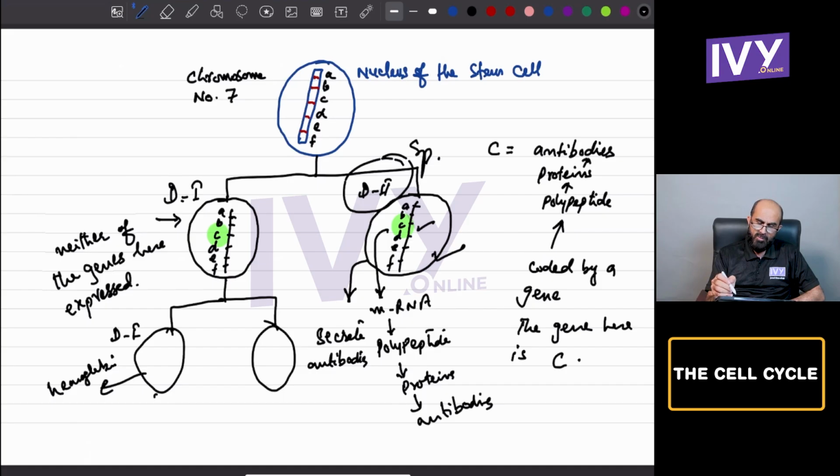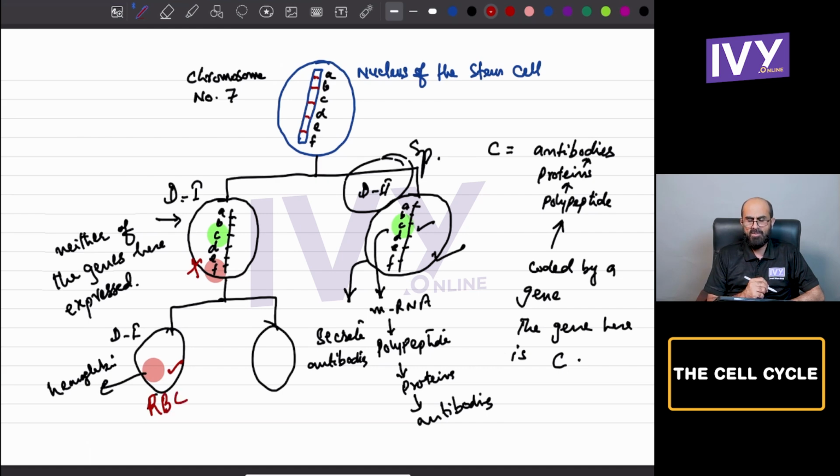Suppose the gene for hemoglobin is gene F. This gene F is expressed here, so of course it will remain dormant in the other cell. It cannot multiply here because it's no longer acting as a stem cell, but it will be expressed here, and this cell will make hemoglobin, so it will become specialized as an RBC.